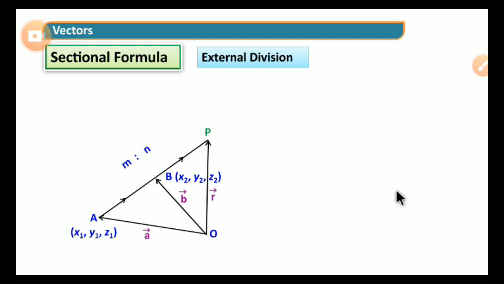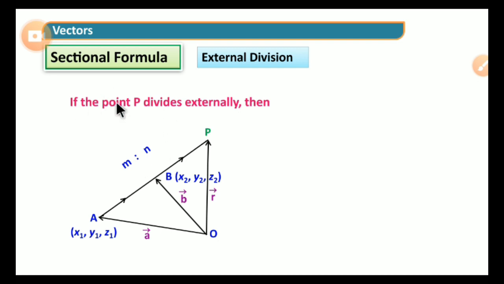Let us go for another section formula, that is external division. Here we again take O as the origin, and A and B are the points with position vectors a and b, and this point P divides the line AB externally in the ratio m:n.